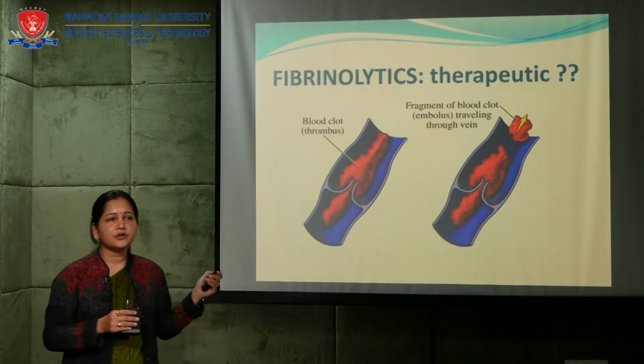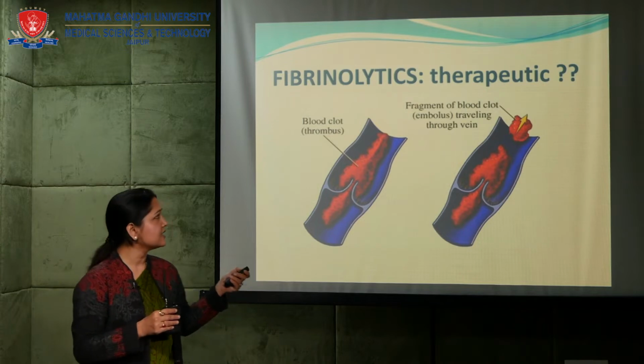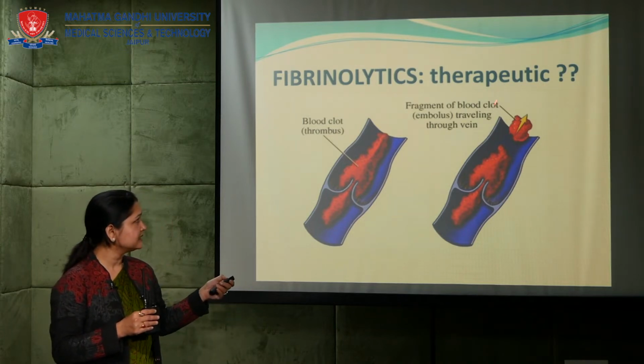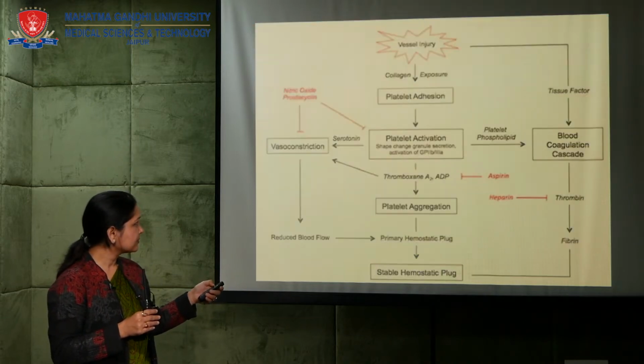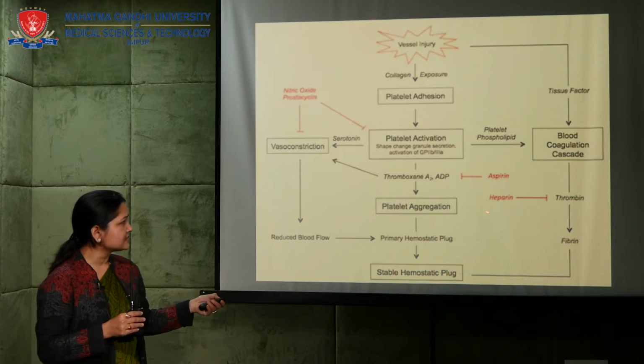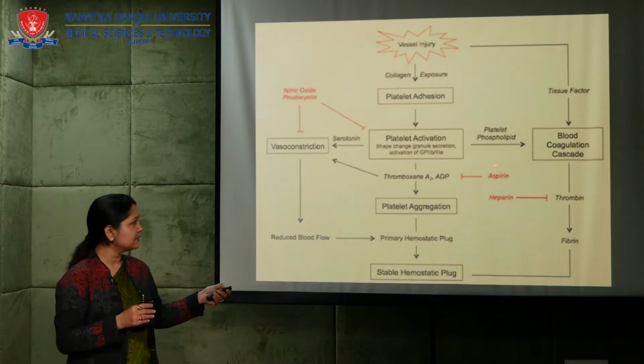Now how do these fibrinolytics work therapeutically? What that means is that they help in dissolution of the clot, while other drugs like heparin or aspirin act on other mechanisms.